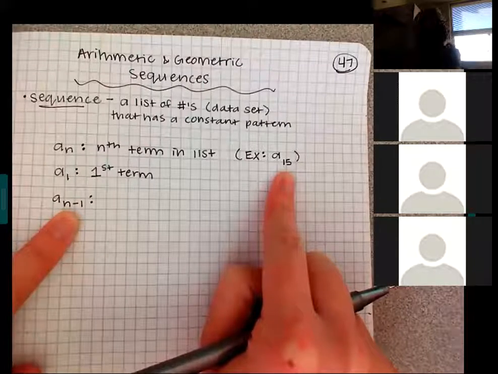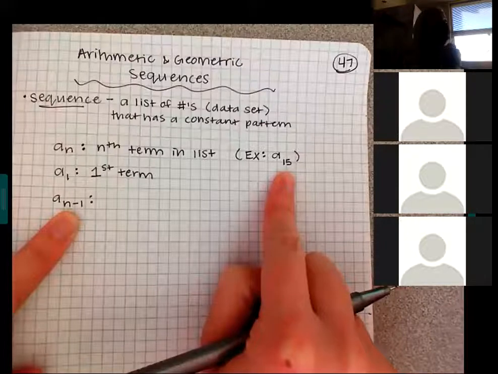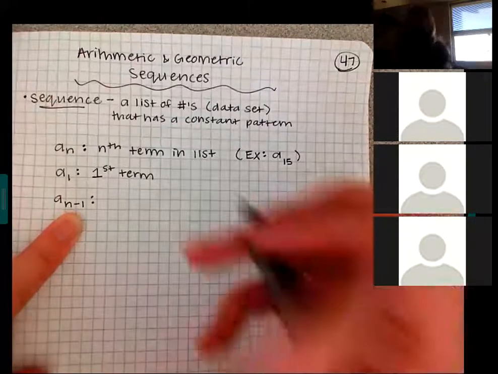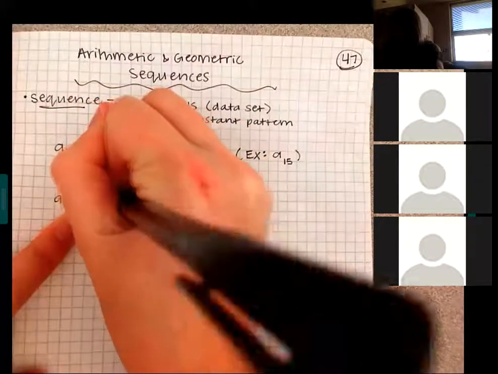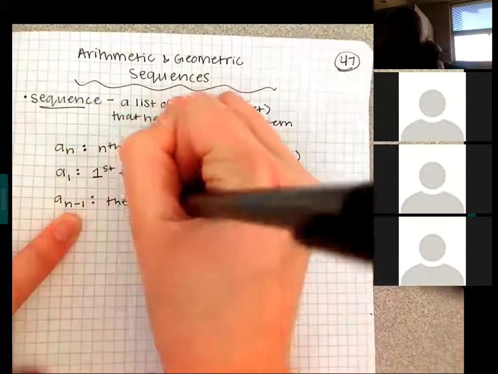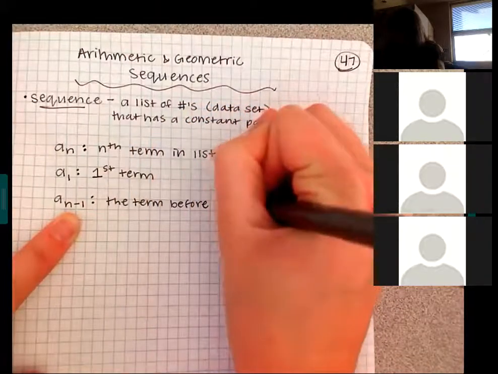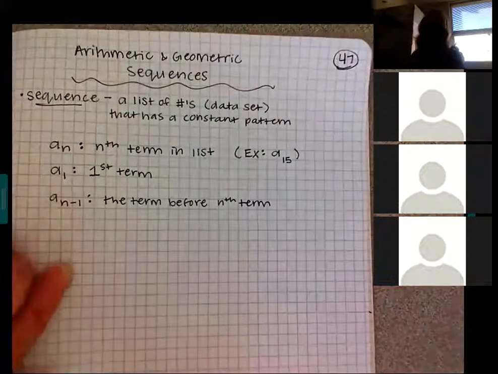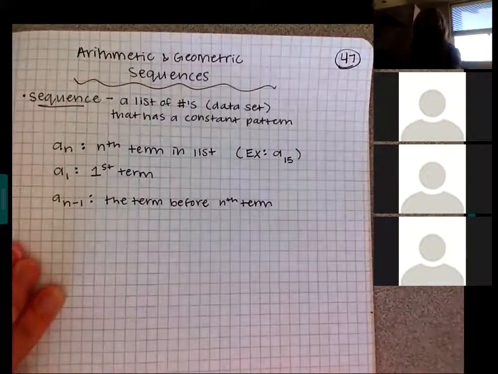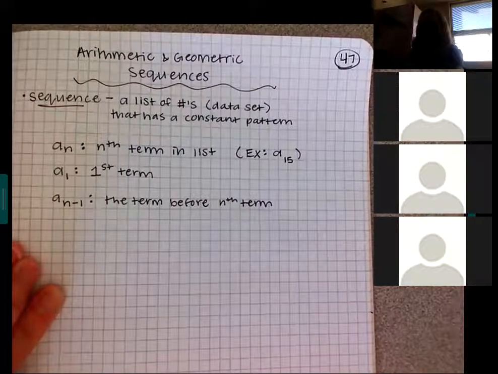The 14th. So it's whatever came before the one you're looking for. Does that make sense? Okay. So it's just the term before the nth term. That's really the only vocab you're gonna need to know.